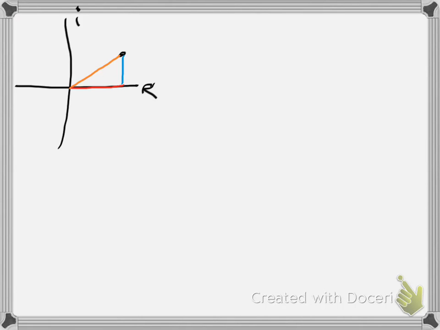We broke it that way so we have a right angle there, and we can use the Pythagorean theorem: a squared plus b squared equals c squared.